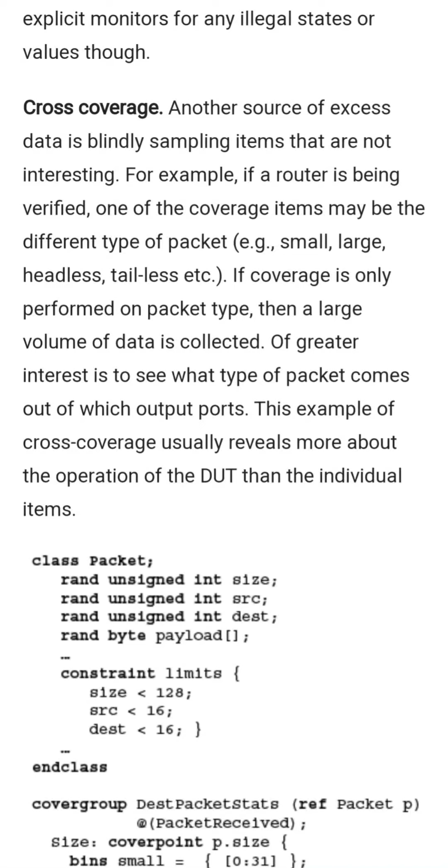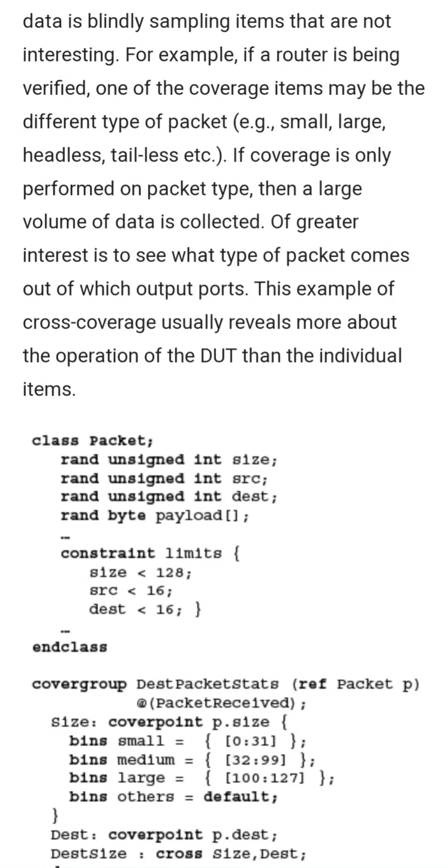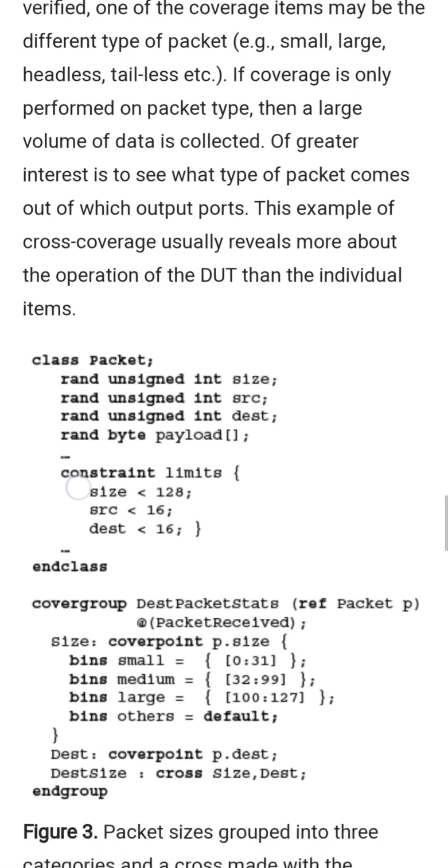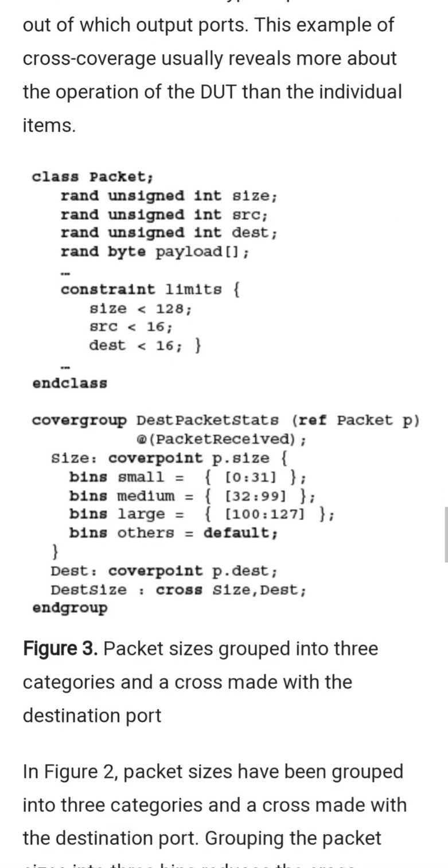Of greater interest is to see what type of packet comes out of which output port. This example of cross coverage usually reveals more about the operation of the DUT than the individual items.